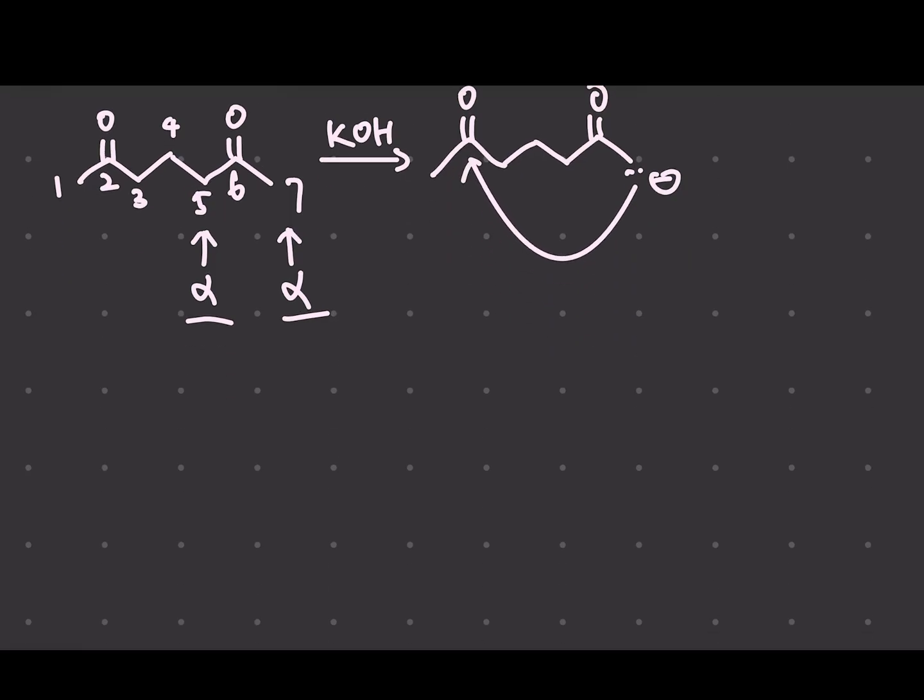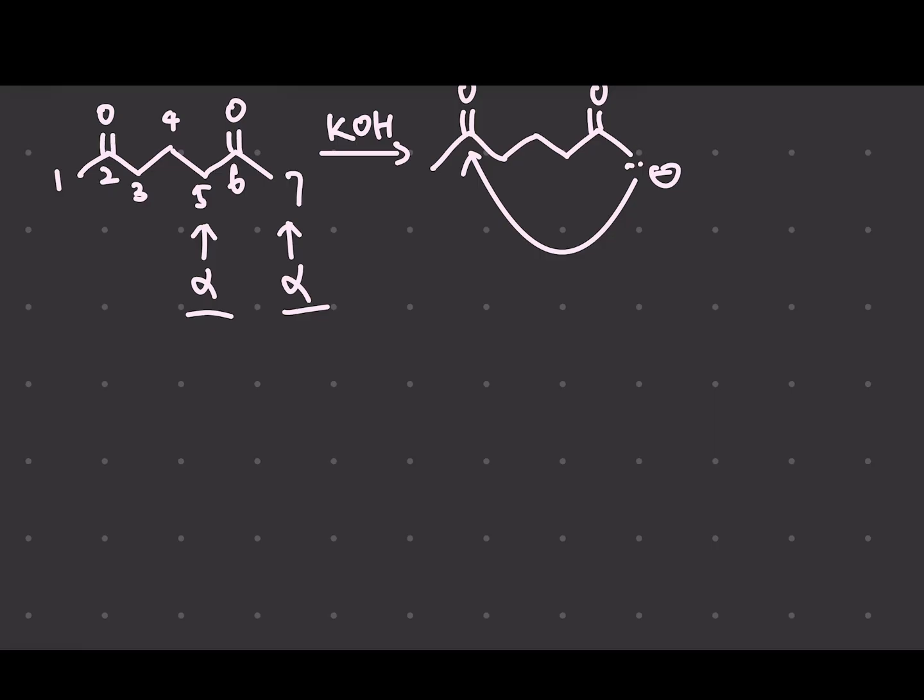Let's draw it a bit differently. And this is going to form a 6-membered ring. Like so. So let's call this carbon 1, 2, 3, 4, 5, 6, 7.